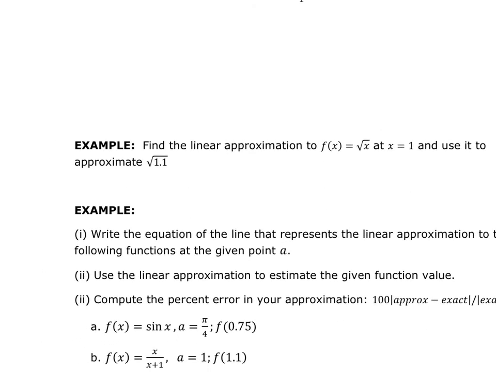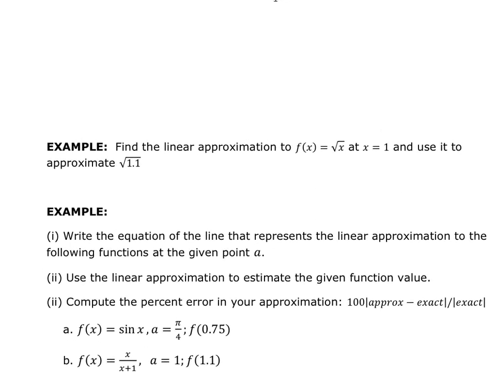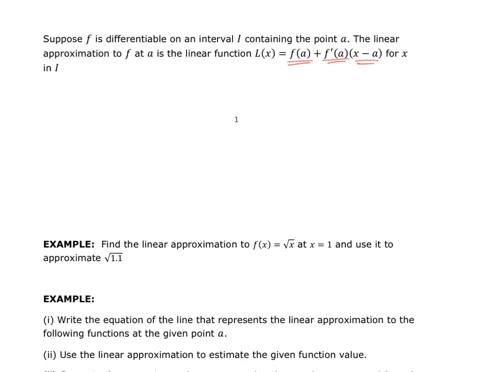So if I'm asked to find the linear approximation of this, then I want to know approximately what the square root of 1.1 is. The way I figure that out is I use that formula I just had, which is my linear approximation, L of x, is equal to f of a plus f prime of a times (x minus a).